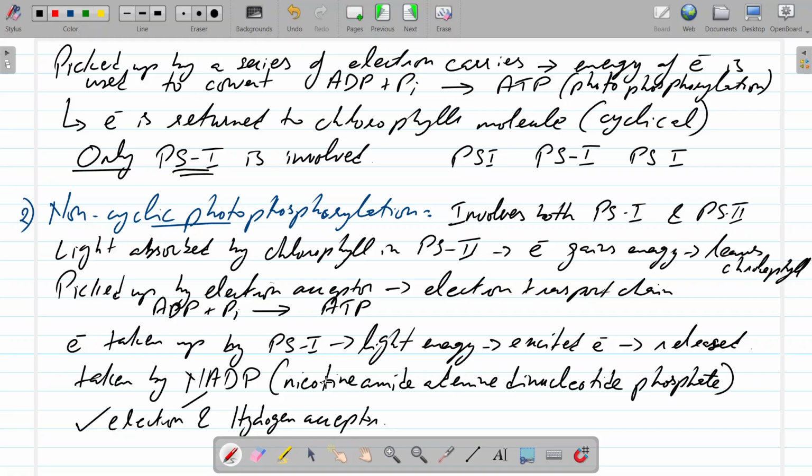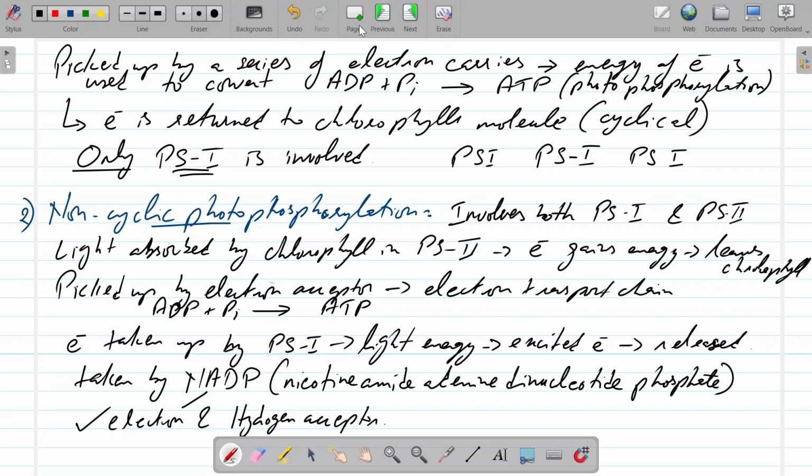Now, NADP to become reduced still needs the hydrogen. The hydrogen is missing. Secondly, photosystem 2 lost an electron, and that's not something we want, because we need to replenish that.